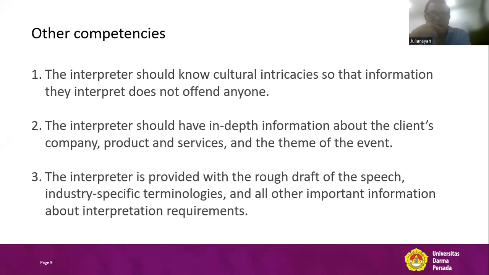Number 2, the interpreter should have in-depth information about the client's company, product and services, and the theme of the event. Number 3, the interpreter is provided with the raw draft of the speech, industry-specific terminologies, and all other important information about interpretation requirements.